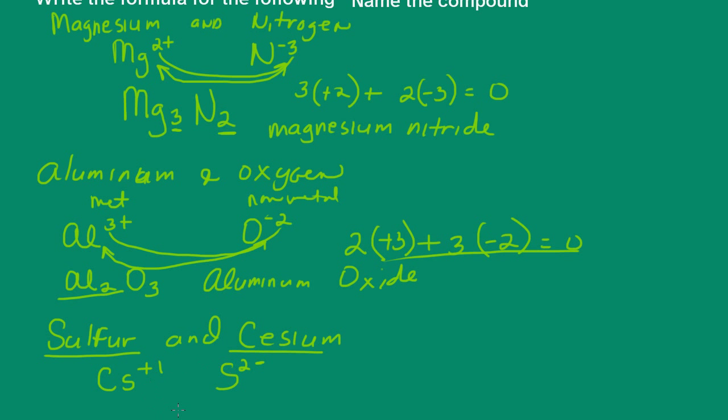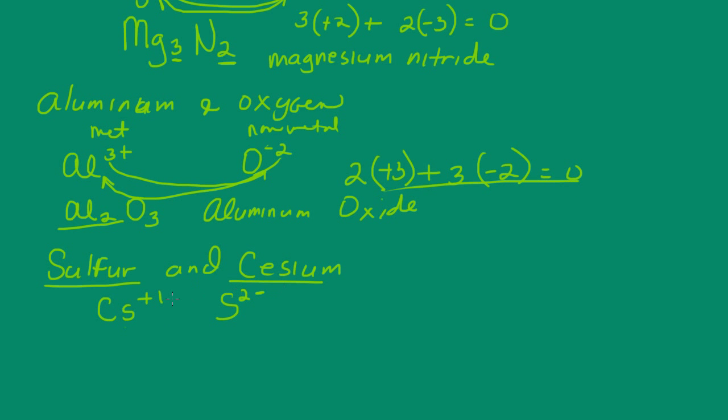In order for this compound to be neutral, I'm going to need 2 positive charges and 2 negative charges here. So we write the formula as Cs2S, and again, basically the charge here becomes this subscript, this charge becomes this subscript. So we have 2 cesium ions and 1 sulfide ion combined.